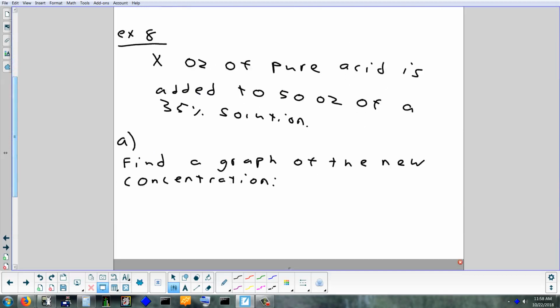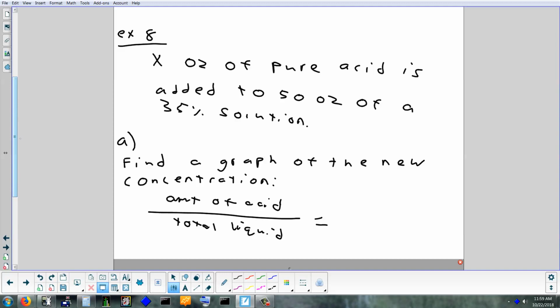All right, so first we have to understand what the concentration is. The concentration is the amount of acid divided by the total liquid, acid and other stuff. So let's figure out how much acid is in our solution. How much acid did we start with before we added anything to it?